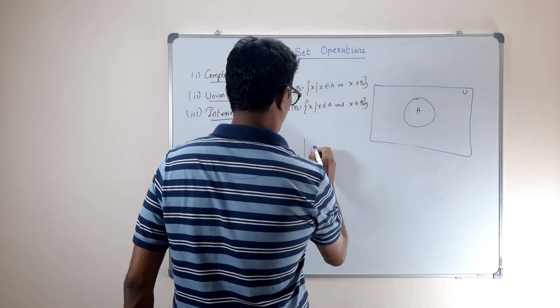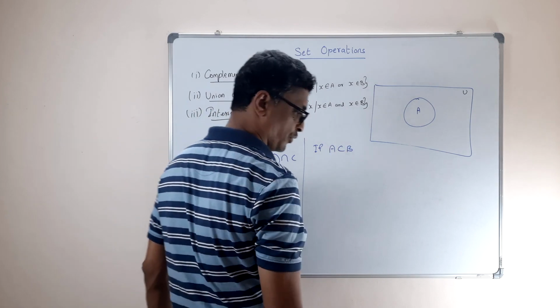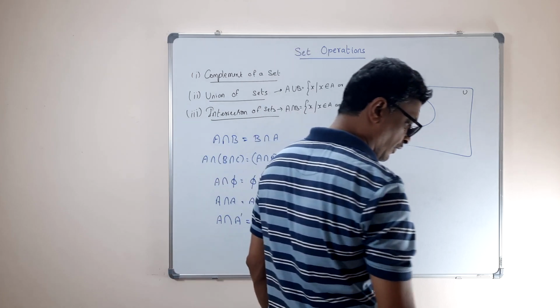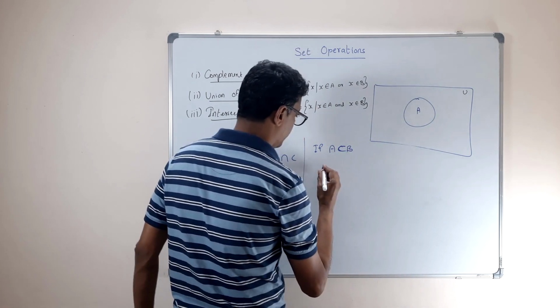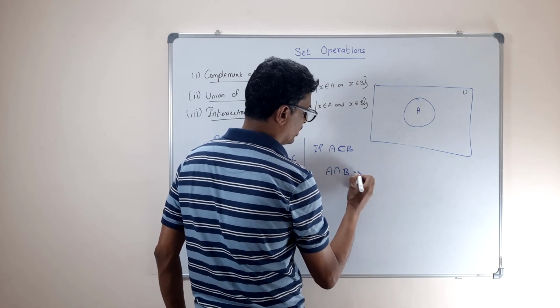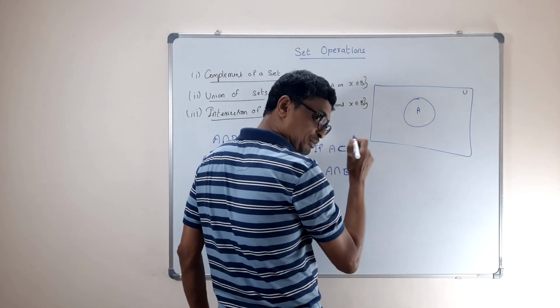If A is a subset of B, okay, it's not C, subset. If A is a subset of B, can you tell me then what is A intersection B? A. Correct? Subset of, so the subset will be the one.